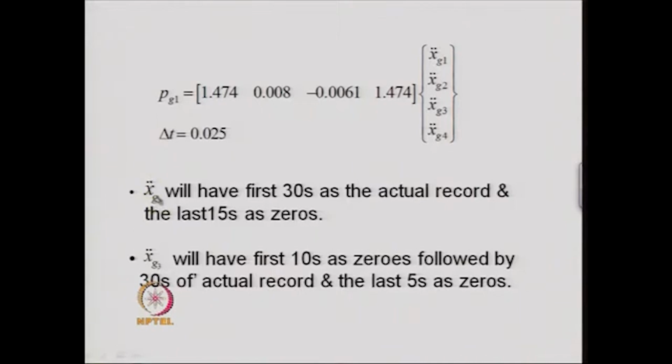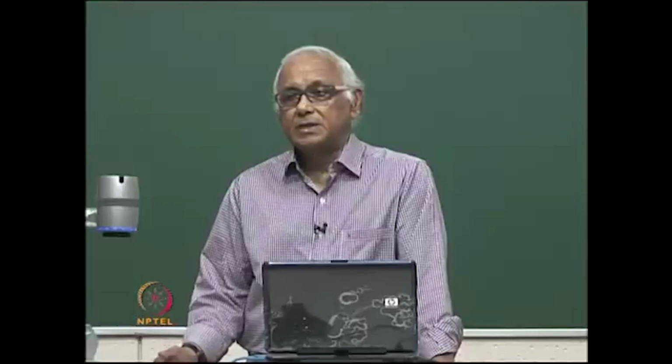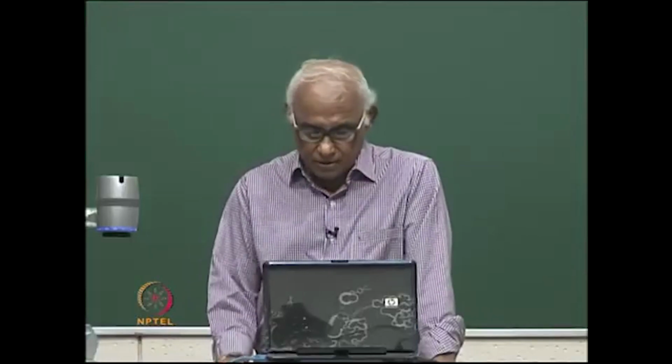For x double dot G1 we will have the first 30 seconds as the actual earthquake record, and for the rest of the 15 seconds we will have 0 values. Similarly, for x double dot G2 we will have the first 5 seconds as 0 values, then there will be 30 seconds of the actual earthquake record, and the last 10 seconds will again be 0 values.